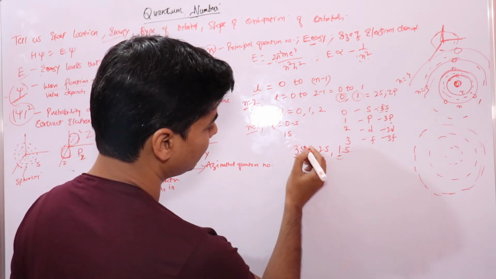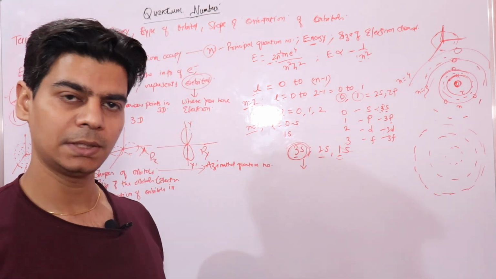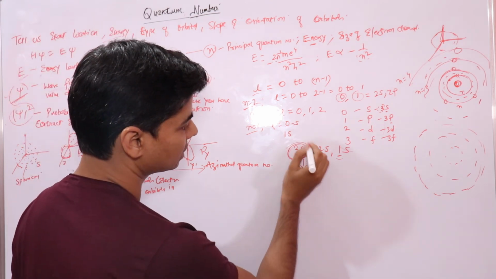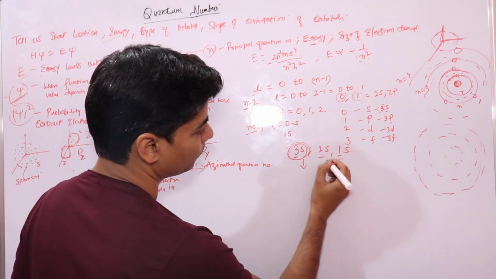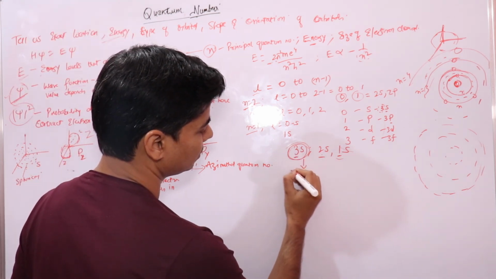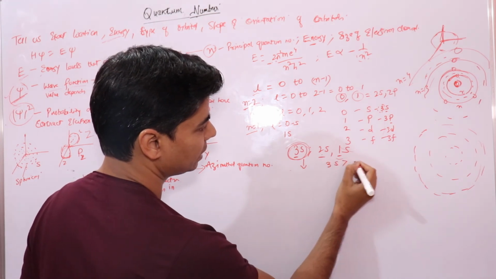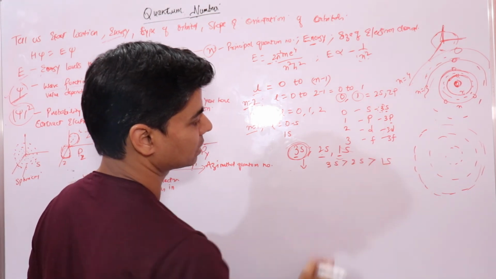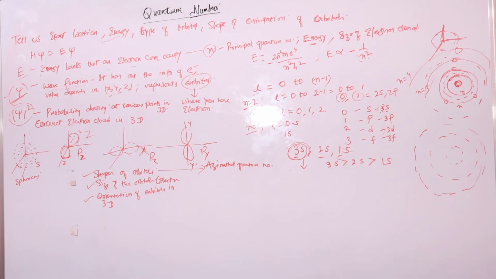So the biggest electron cloud is of 3s. Similarly, this one has the highest energy because it is of the outermost energy shell. For size, 3s is greater than 2s, which is greater than 1s. This is how we can determine the size of the electron cloud.